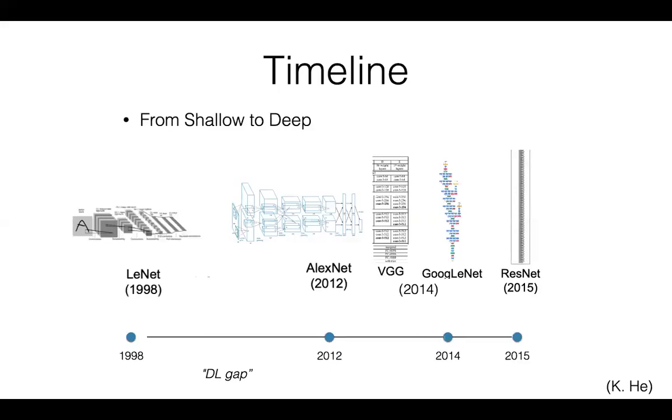And then we have this timeline. This part of machine learning, neural networks, is deep learning. And here, convolutional neural networks are the main example of going from shallow to deep, right?